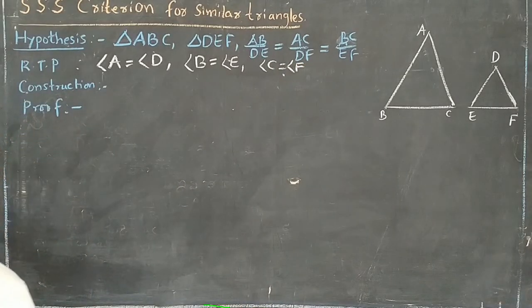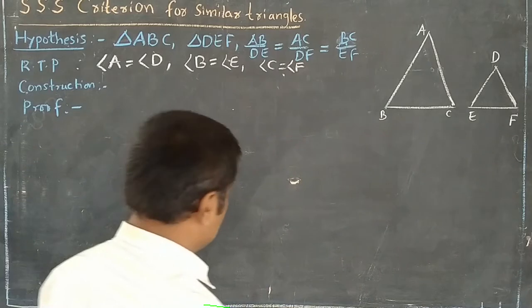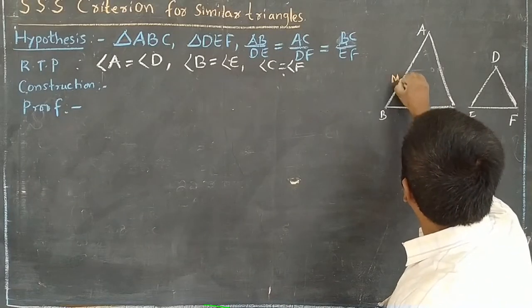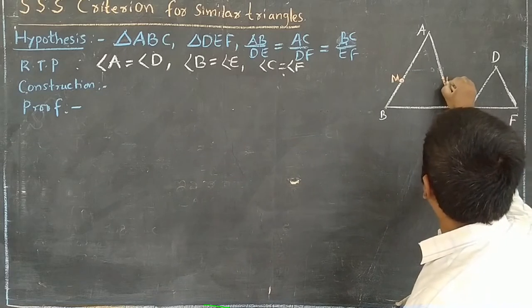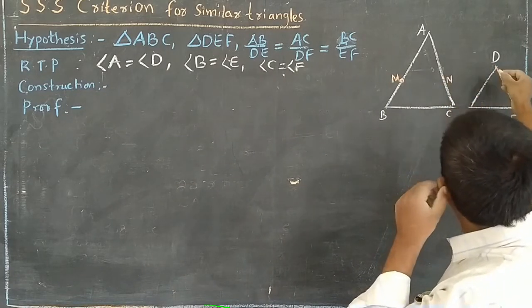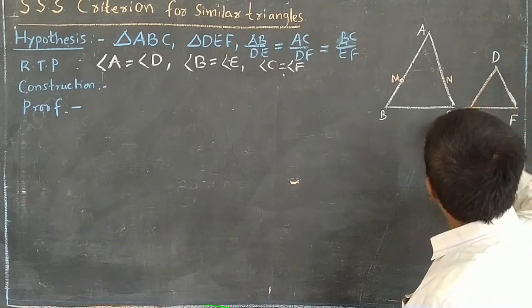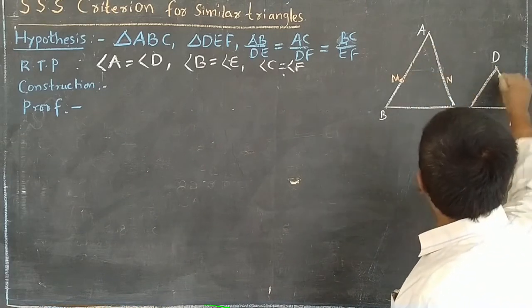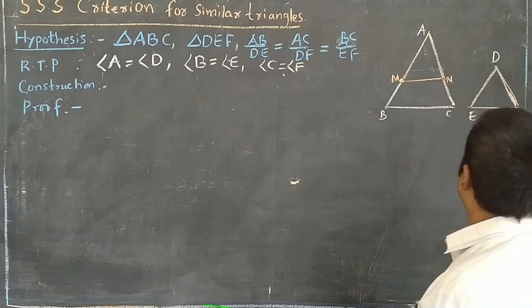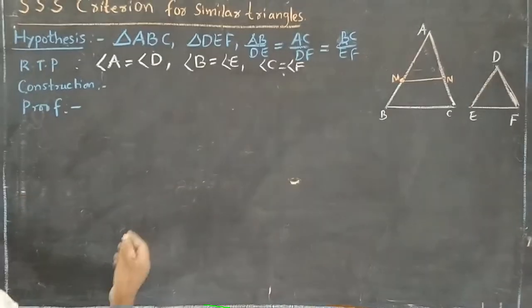So, construction. We need some construction, that is, mark a point M on AB and mark a point N on AC, such that DE is equal to AM and DF is equal to AN, then we join MN. So simply I did like that.